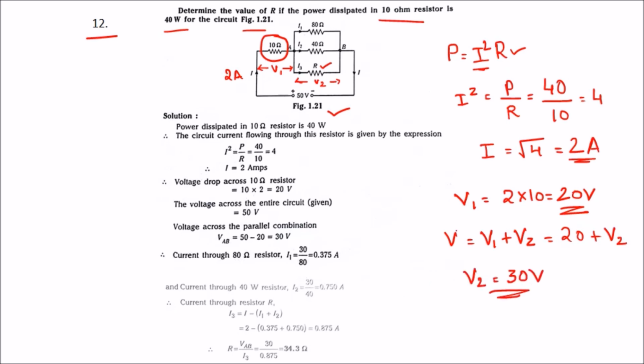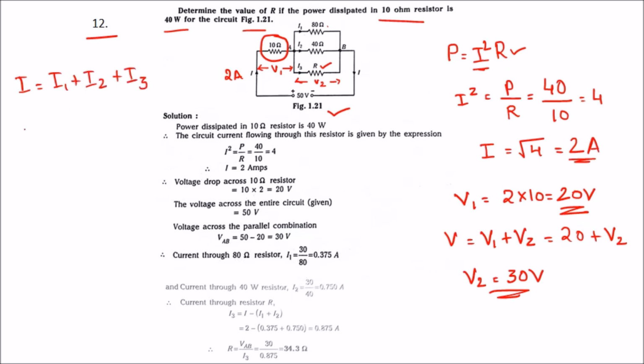If resistances are in parallel, then the voltage across each resistance will be equal. Therefore the voltage across R will be 30, the voltage across 40 ohms will be 30, and the voltage across 80 ohms will be 30. By this we can easily find the values of I1, I2 and I3. We know the starting formula is I is equal to I1 plus I2 plus I3.